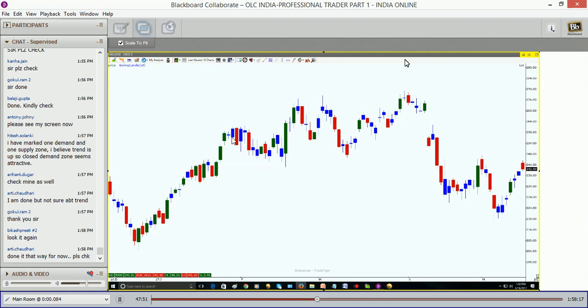Which is your zone, Balaji? Why is your zone starting from there on the left hand side of the screen? Why is it extended all the way to the left? Just delete that and mark your zone again, Balaji. I'll wait. Delete that and mark your zone again, please.